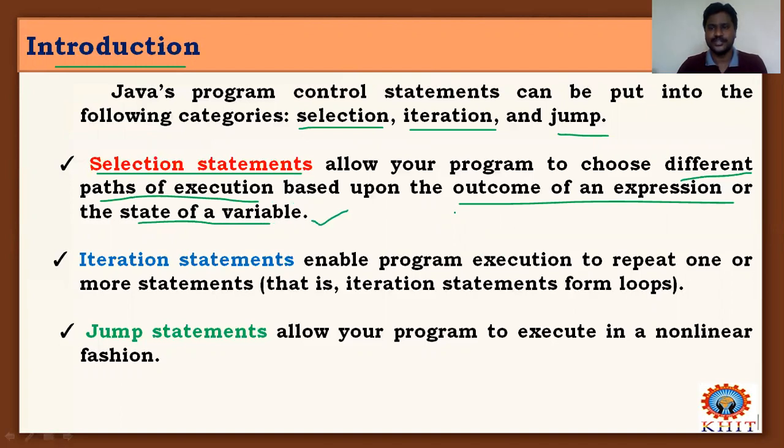So here it is very important. This selection statement allows us to choose the path of execution based upon the outcome of the expression. We will see how it can be used. And iteration statements allow our program to repeat one or more sets of statements in the form of loops.